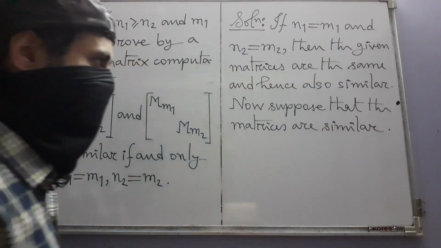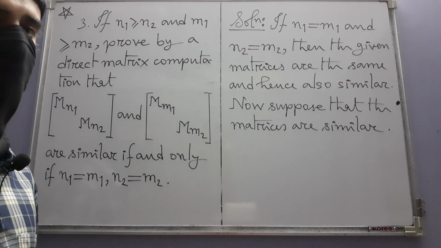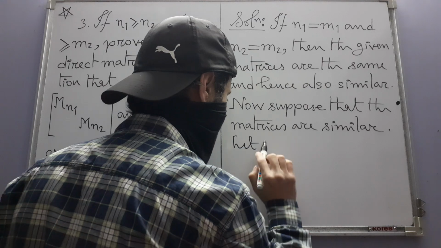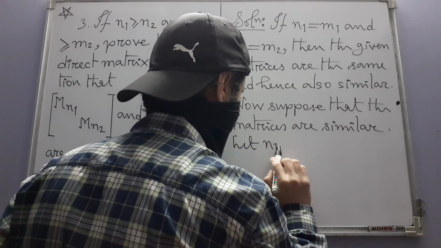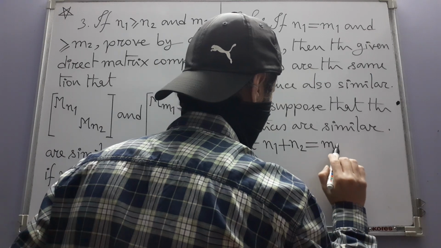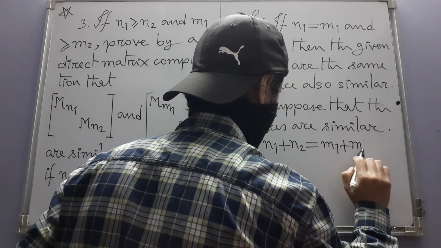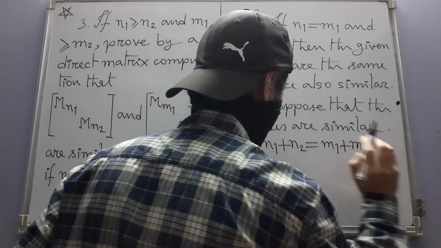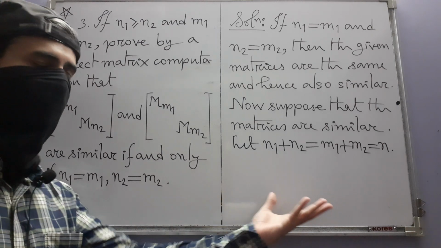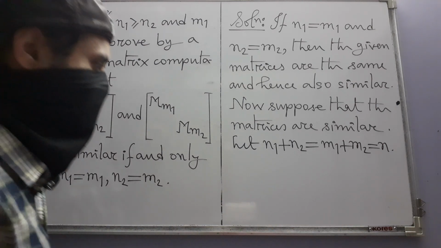Let's give that size a name. Let's call it N. Let N1 plus N2 equal to this be called N. Okay, now since they are similar, we will have that condition for similarity.